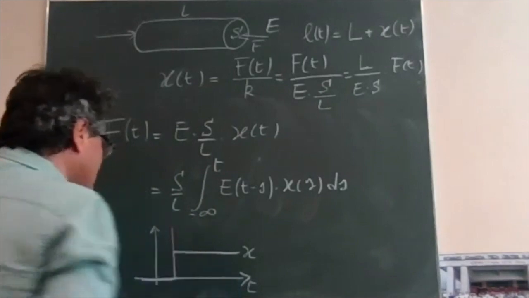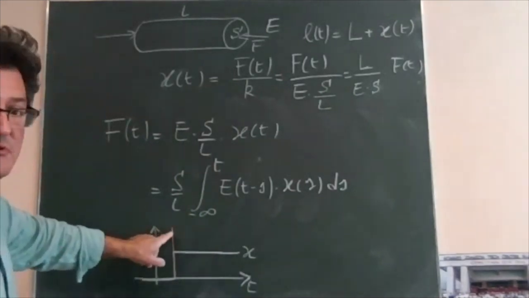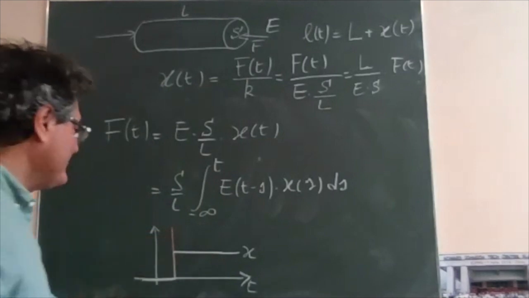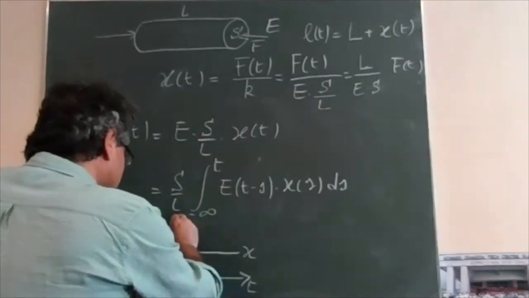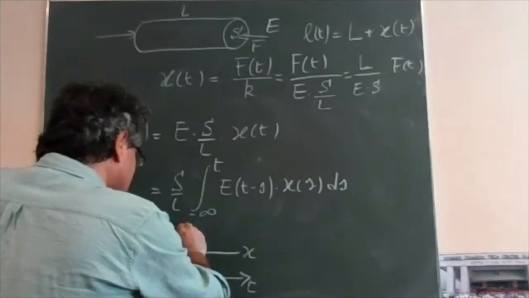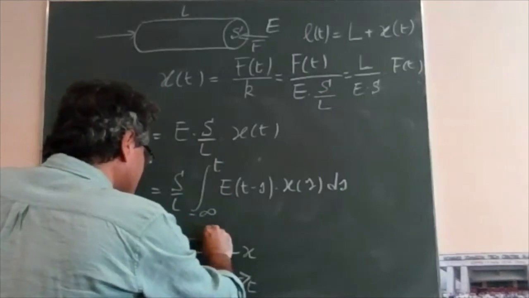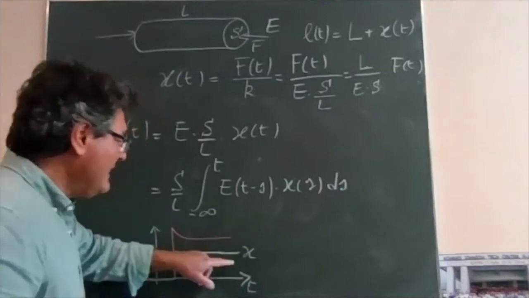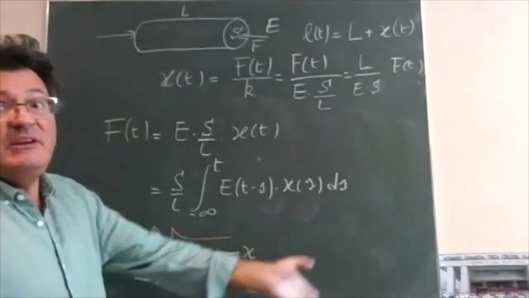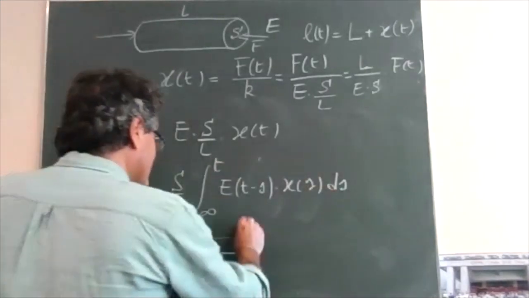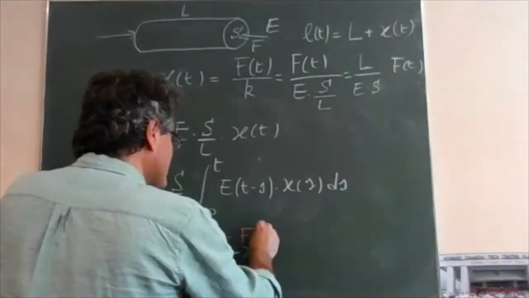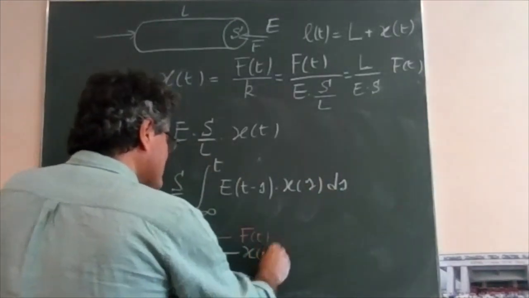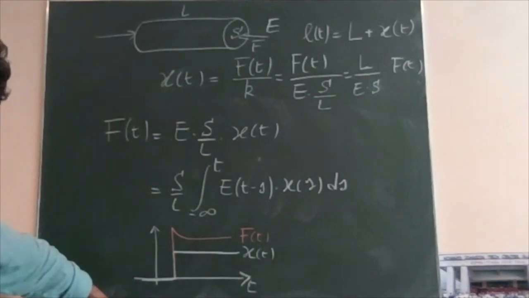There is an immediate, instantaneous response of the system, and then the system becomes a bit softer. So to obtain the same displacement, you need less force. Okay, and so this is x of t.